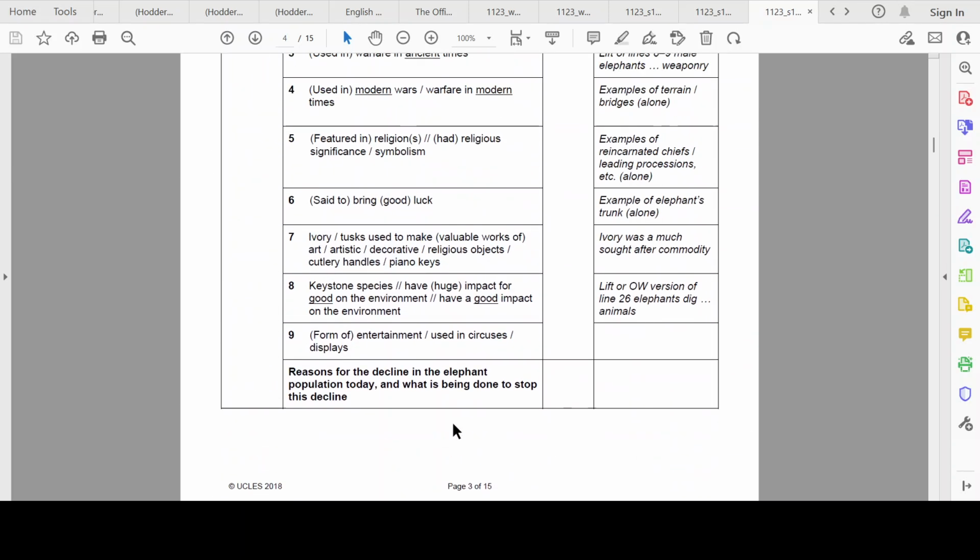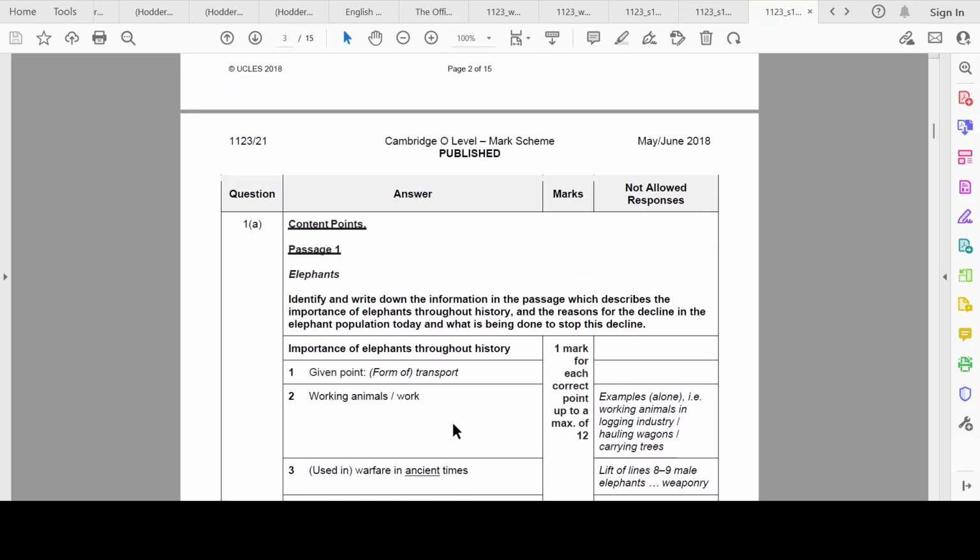2 of them are given out of 17, so that leaves us with 15 points to find. They want 12, not including the 2 given, so they want 12 out of 15, which is similar to getting 10 out of 12 or 13, right?